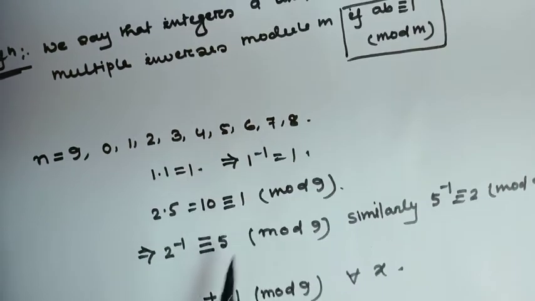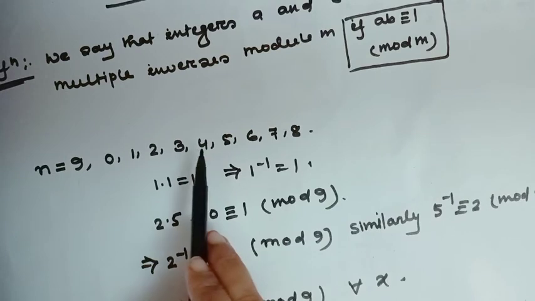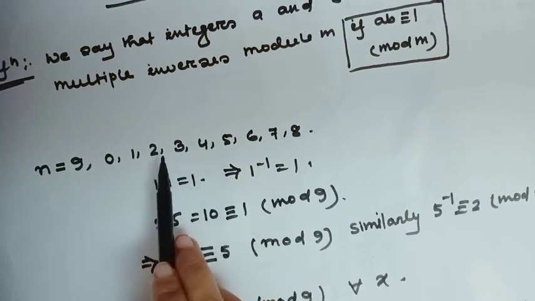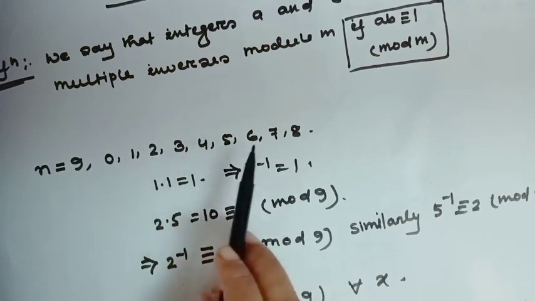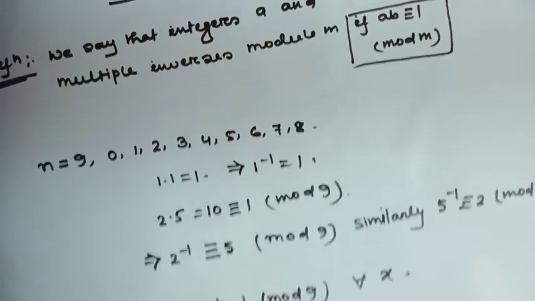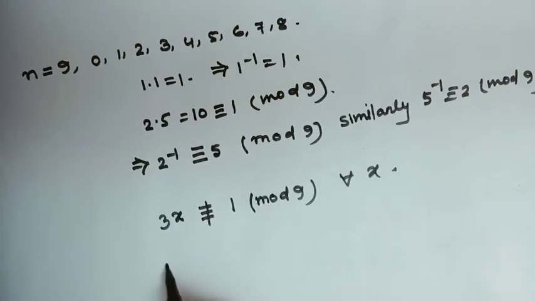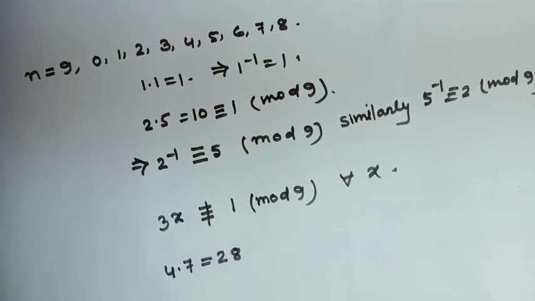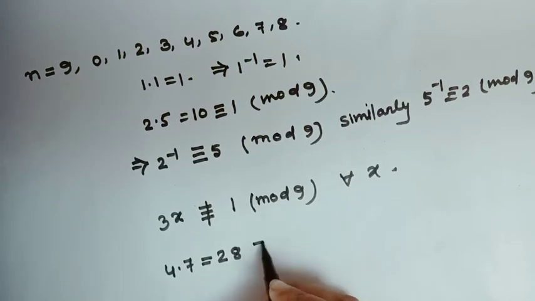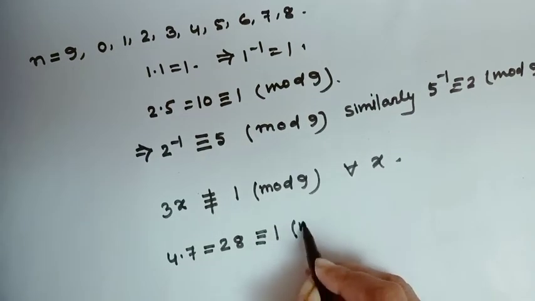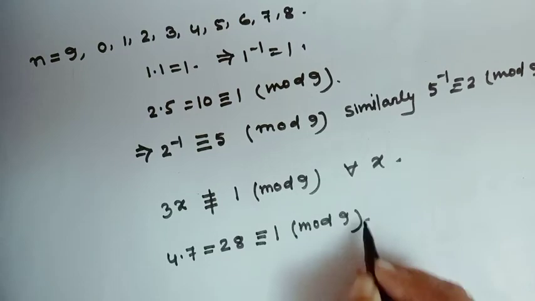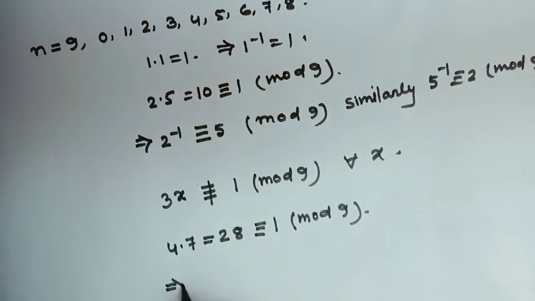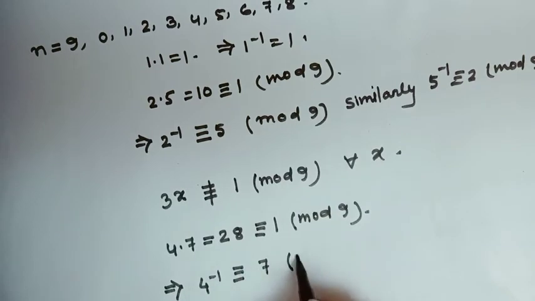Similarly, 4 times 1 equals 4, 4 times 2 equals 8, but 4 times 7 equals 28, which is congruent to 1 modulo 9. That implies 4 inverse is congruent to 7 modulo 9.